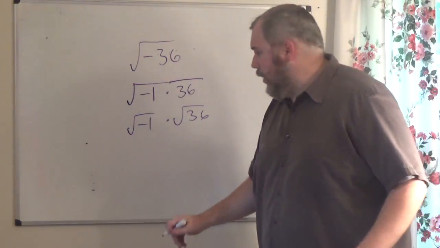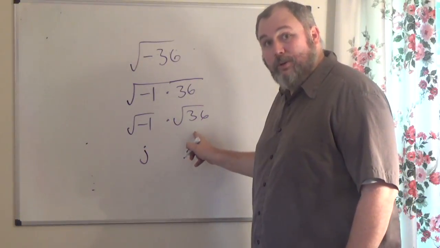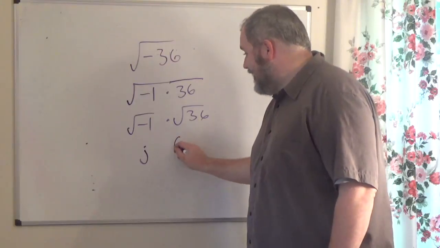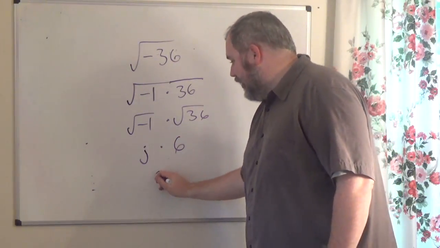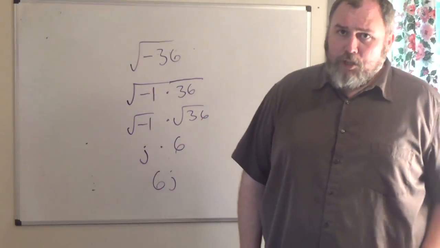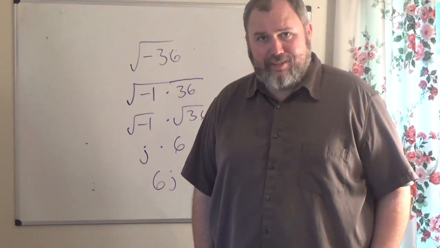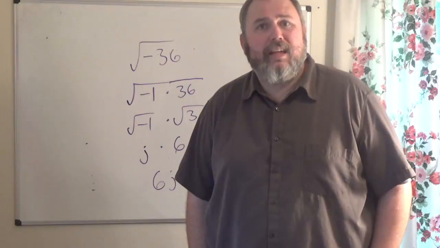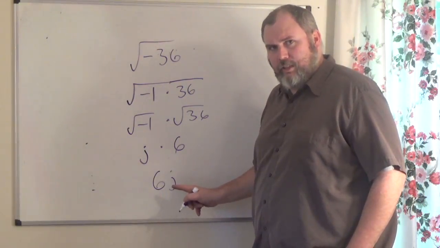It's an imaginary number, and we put j. Well, what's the square root of 36? 6. These two things are being multiplied, so we write it as 6j. Now, you won't normally see j in the equation. You haven't seen j this semester, other than maybe me just giving it up, because we define j as an imaginary number.